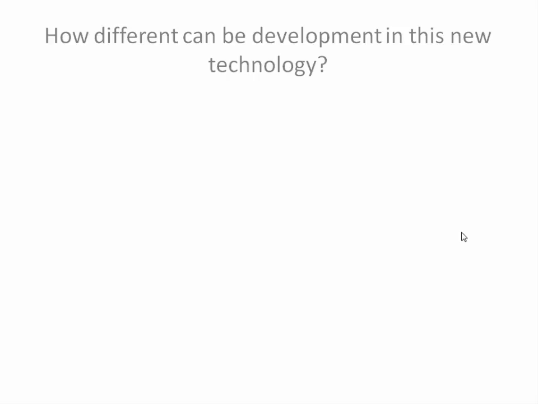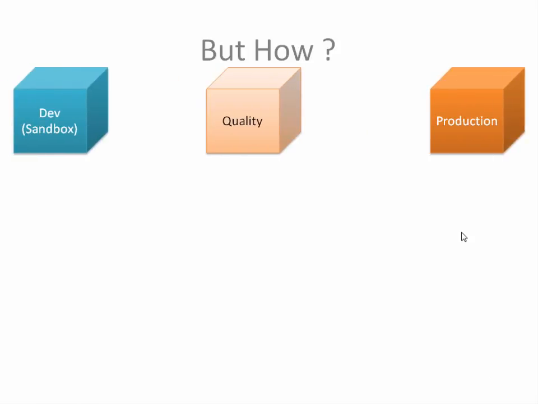Now, to answer the second question, how different can development be in this new technology? The answer, in a simple word, is that it's going to be very different. But if we dig deeper, for example, in a very general scenario we have three systems: development or sandbox, then quality, then production.